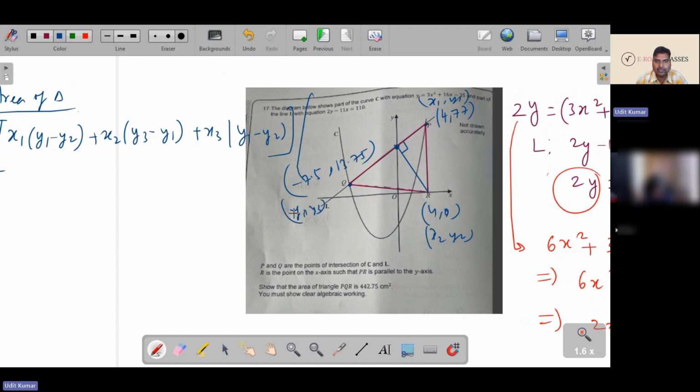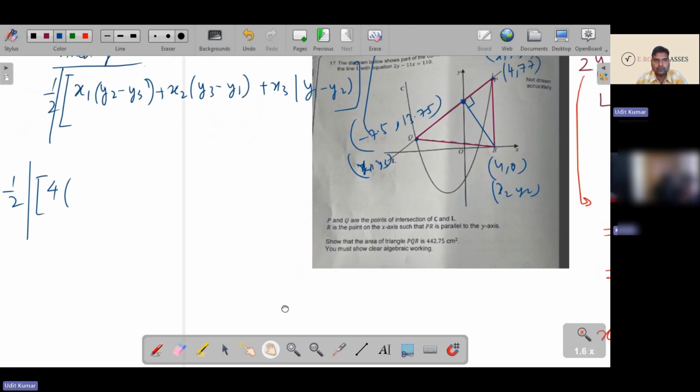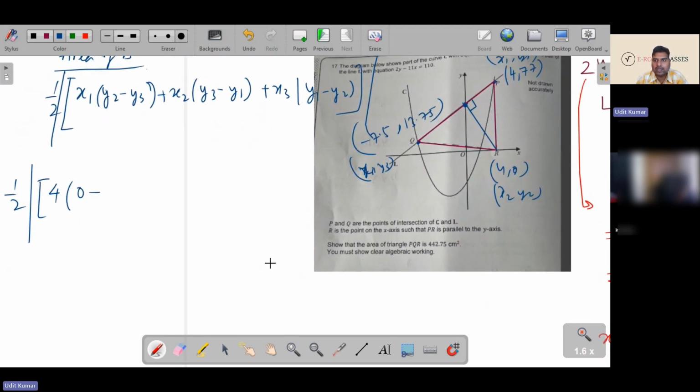Now I need your help. Use the calculator. Half, what is x1? 4. Y2 minus y3. So half, 4 times what is y2? 0. 0 minus y3, 13.75.